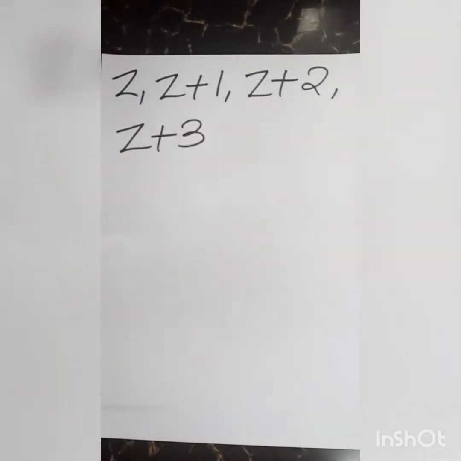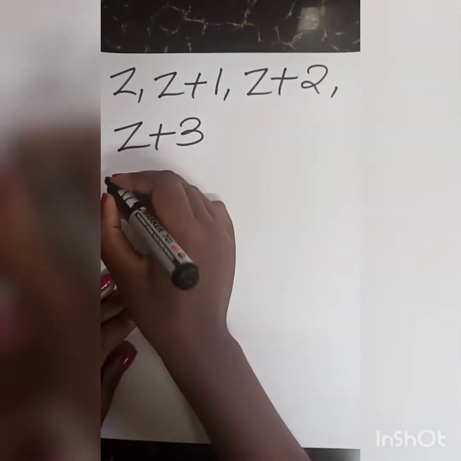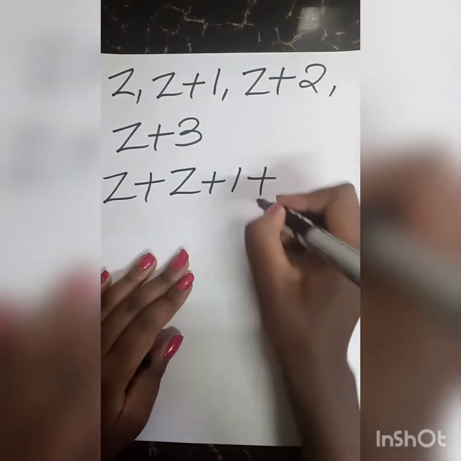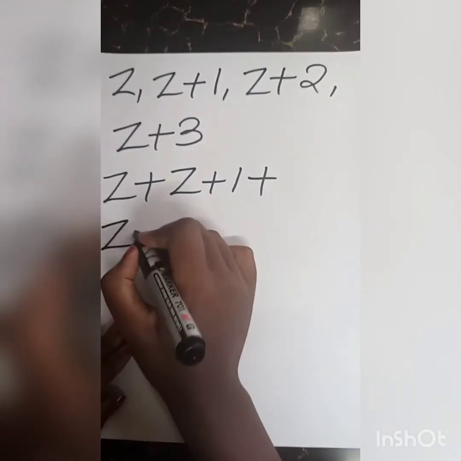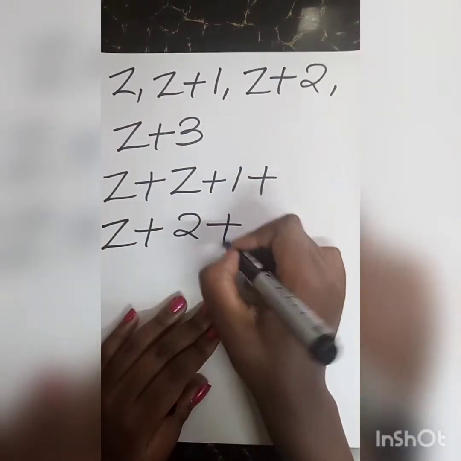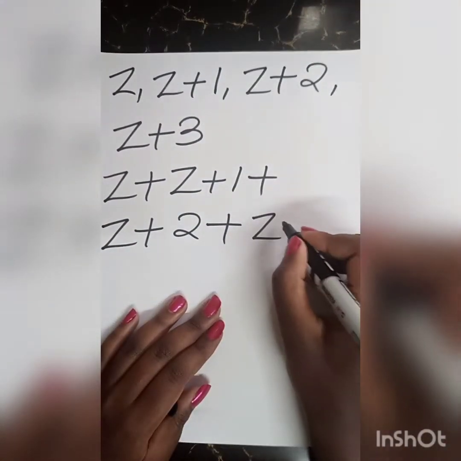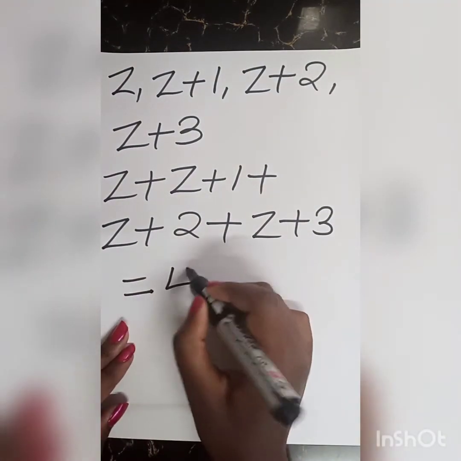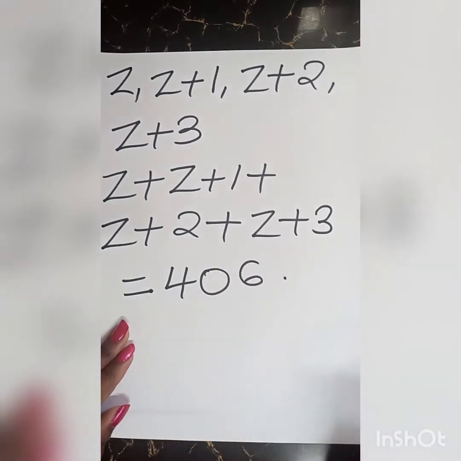Since we've been told that the sum of these 4 consecutive whole numbers is 406, we need to add these numbers. So let's add the numbers. Z plus Z plus 1 plus Z plus 2 plus Z plus 3 is equal to 406.